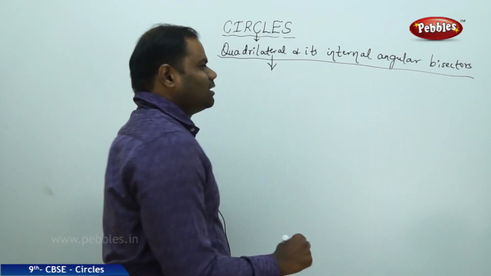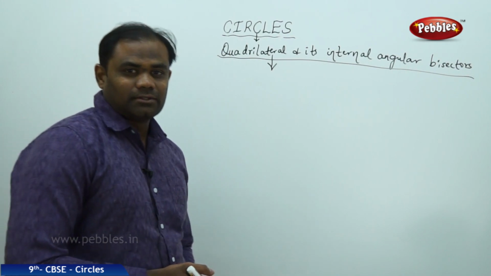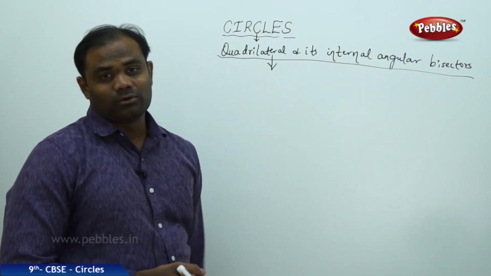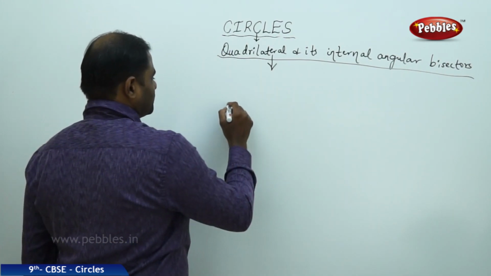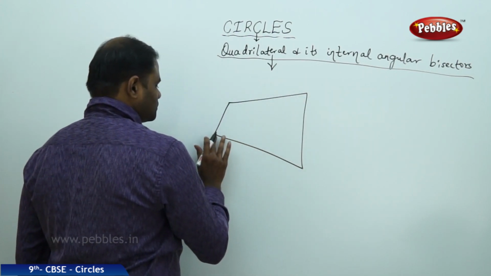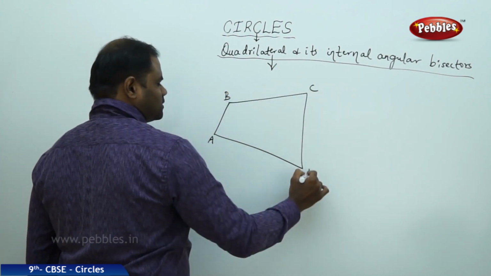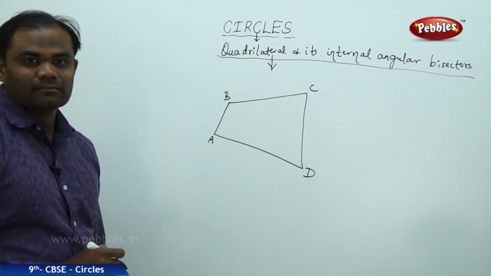So let's see how this is connected with the cyclic quadrilateral. Let's take a quadrilateral to understand the concept better. I have a quadrilateral ABCD. Say ABCD is a quadrilateral.